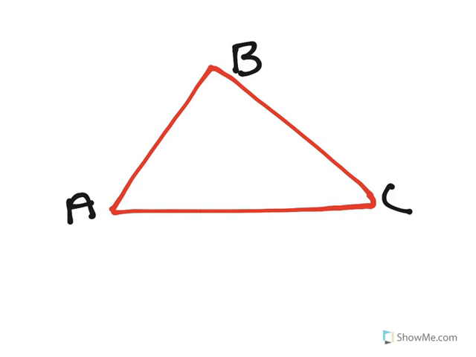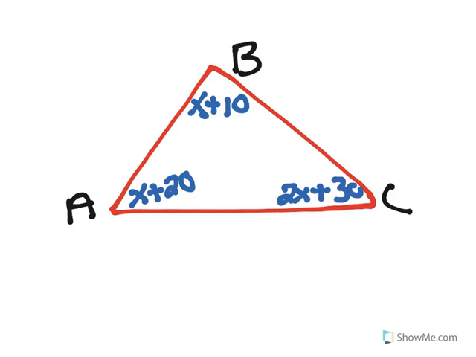So, for example, you might see something like x plus 20 here, and something like x plus 10, and, I don't know, 2x plus, let's say, 30. Not sure exactly how this is going to work out, but we'll go with it.